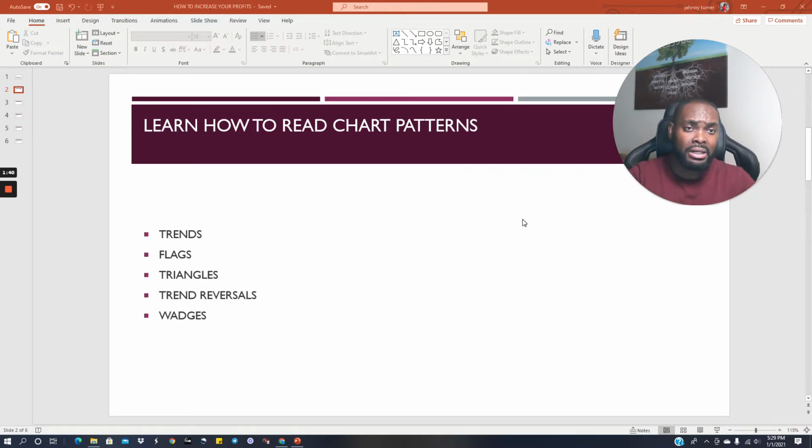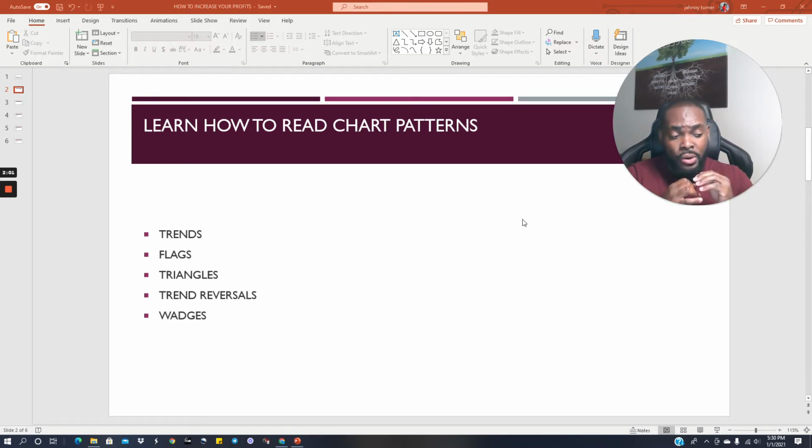You have to learn how to read these, guys. And after you've done your work at learning how to read charts, now you have to become specific. You have to choose the chart pattern that best fits your personality, the pattern that you are good at recognizing whenever it shows itself.